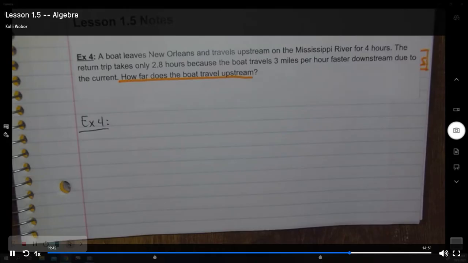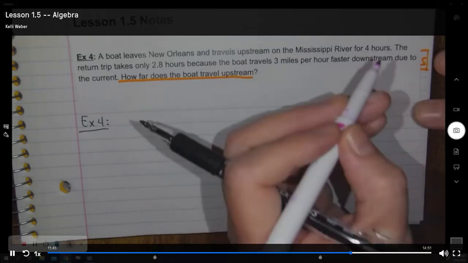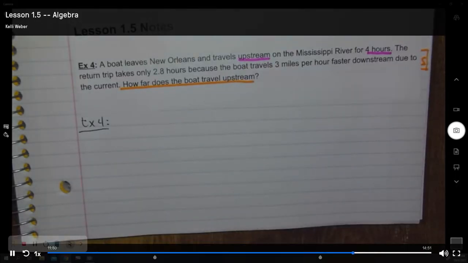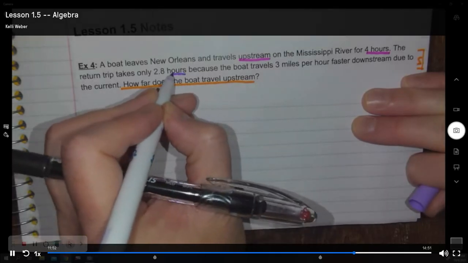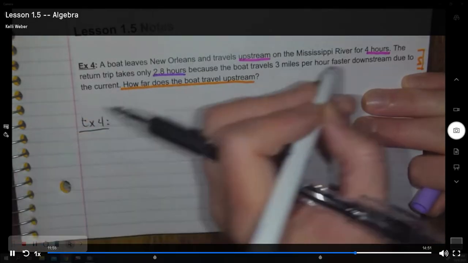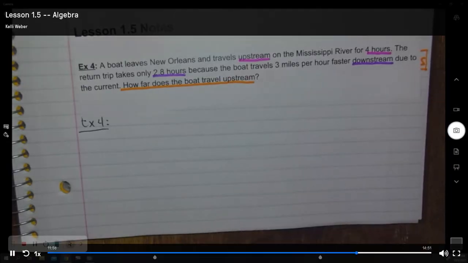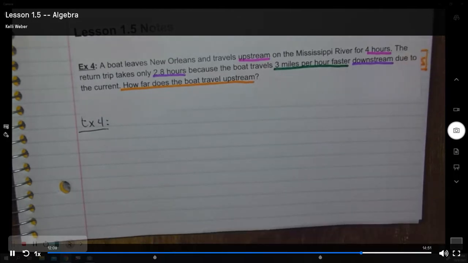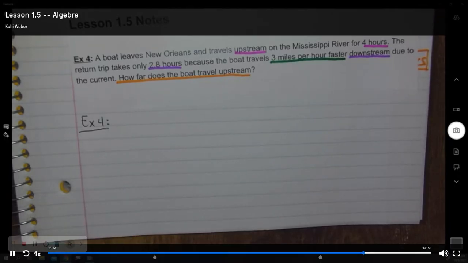Then we have to look for important pieces of information. We have 4 hours going upstream, and 2.8 hours going downstream. Also part of our downstream information is that it is 3 miles per hour faster. We don't know the speed that the boat is traveling in either direction, so we're going to use x for that variable.